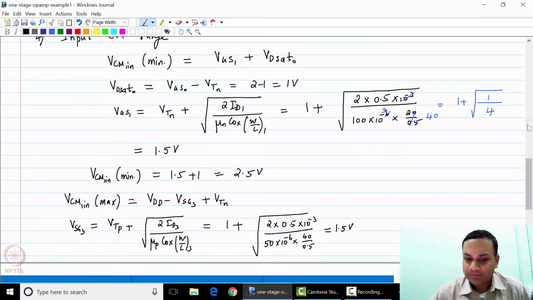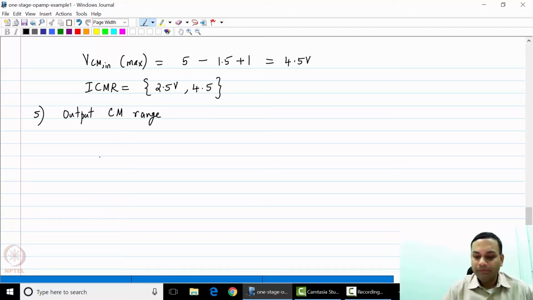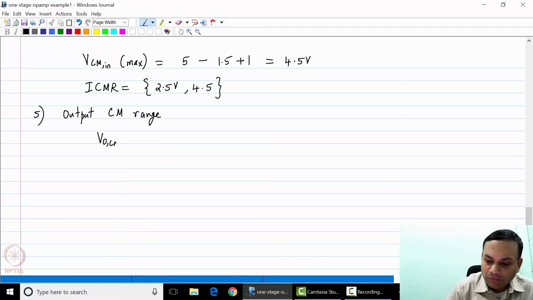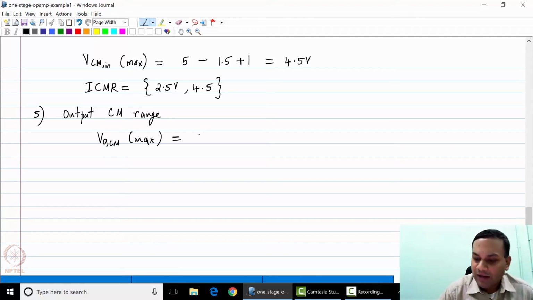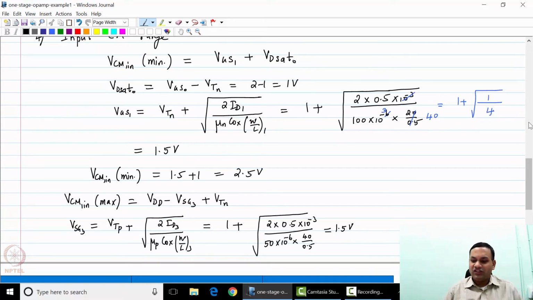What about the output common mode range? The output common mode range can be calculated as follows. The maximum output common mode is given by VDD minus VSD sat of 4. As we have seen, VSG3 is 1.5 volts, which is the same as VSG4.